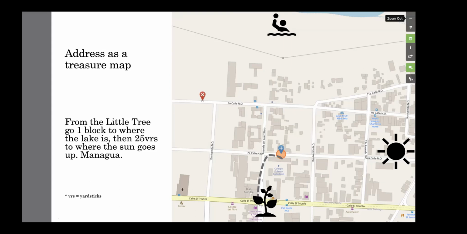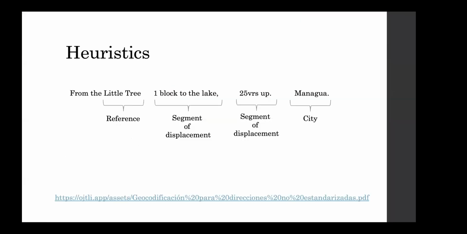I think within a few days of staying in Nicaragua, you will probably get used to this type of address. It's not that difficult for humans to understand, but the goal of this system is to let computers understand these addresses as well. So what we did first was analyze all of the addresses, trying to find some patterns in them. We came up with some heuristics for these addresses, some entities that are recognizable and are also present in most of them.